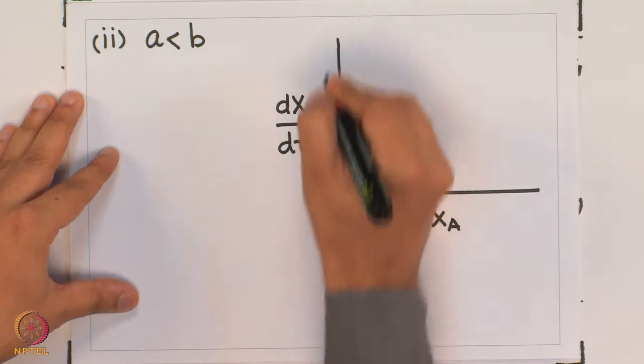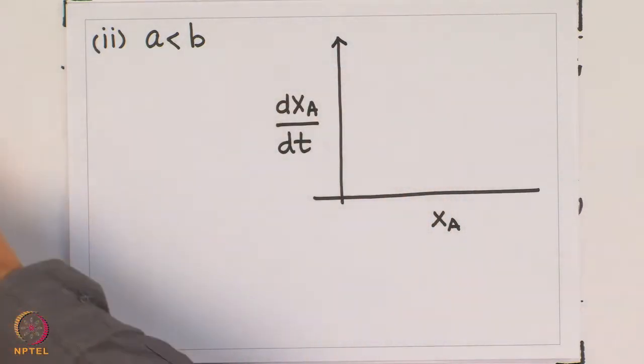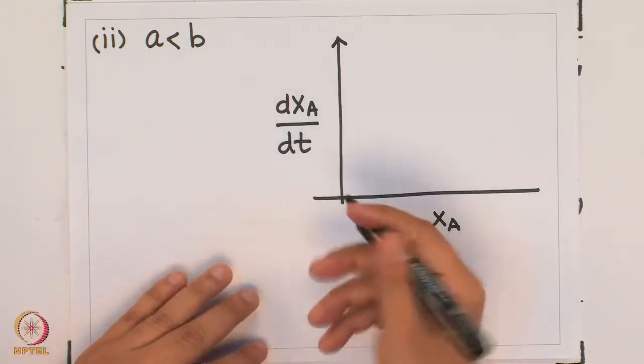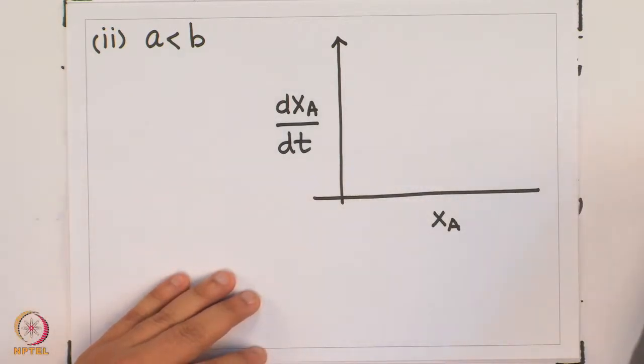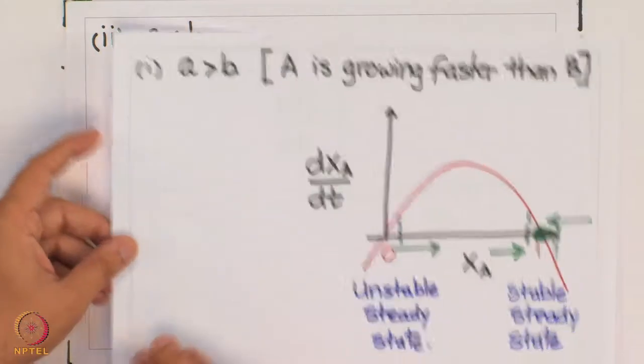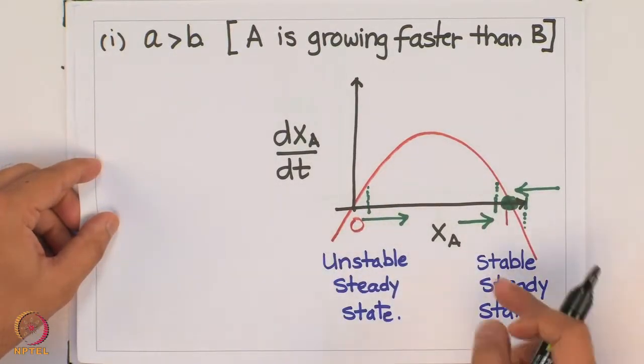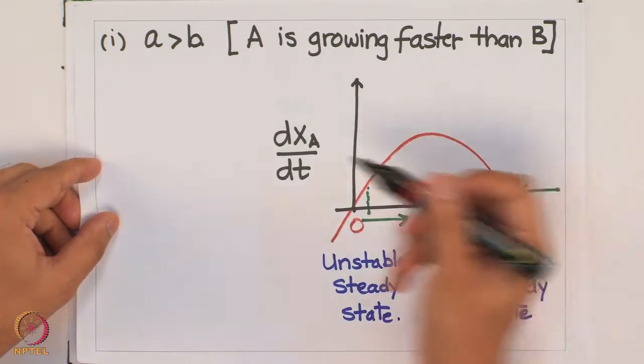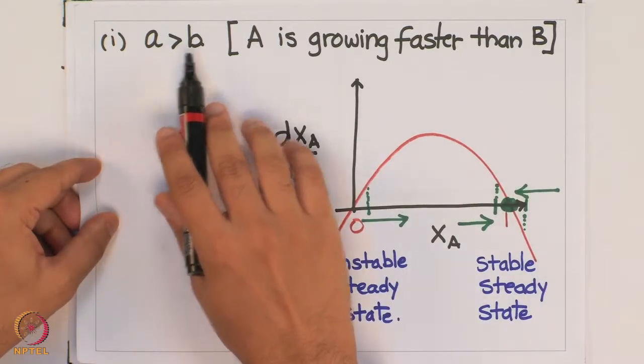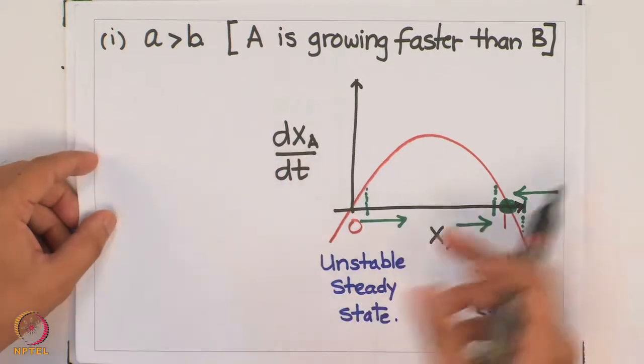But now I leave it to you to convince yourself that whenever small a is less than small b, the shape of the curve is just inverted from what we saw last time. In the previous case, when small a is bigger than b, we have an inverted parabola, and when small b is greater than small a, the parabola inverts itself.